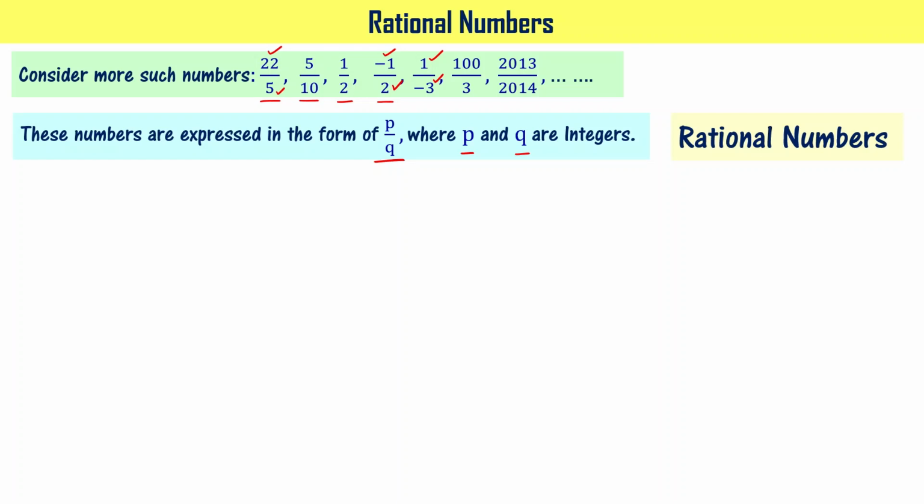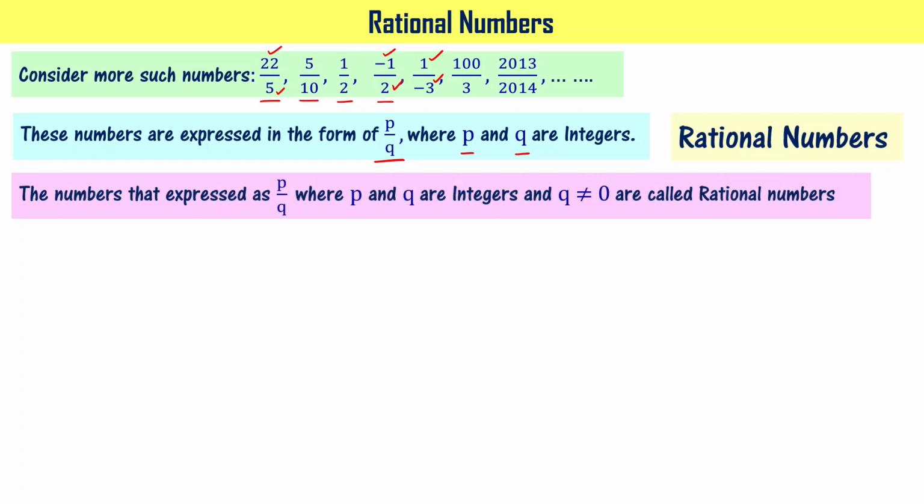Let's see the definition of rational numbers now. The numbers that are expressed as P by Q, where P and Q are integers and Q not equal to 0, please note this, are called rational numbers. We know that if Q becomes 0, then P by 0, or any number by 0, has no meaning.